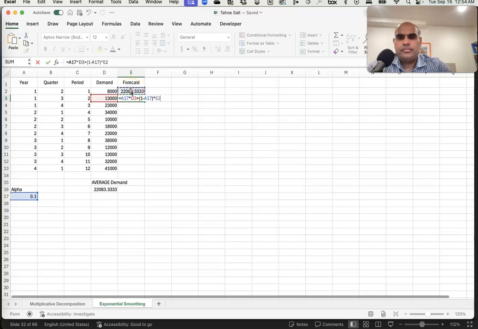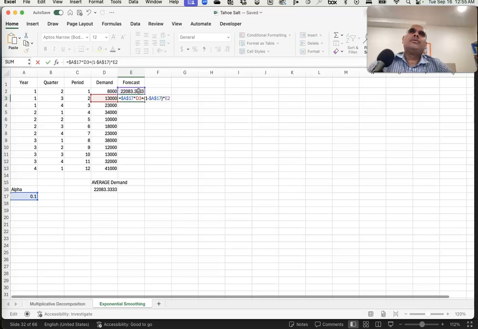So again, it's 10%, and I'm going to make this an absolute reference. So what does this mean? This means that 10% is the actual demand and 90% is the forecast. The reason for that is we are saying that the forecast is essentially what we had from before, and that's okay, right?